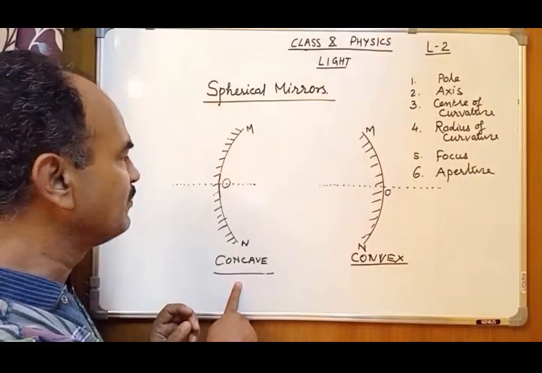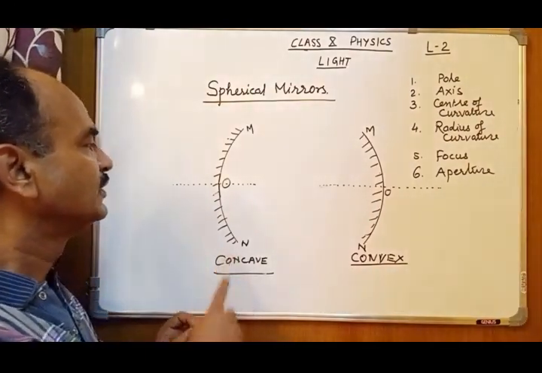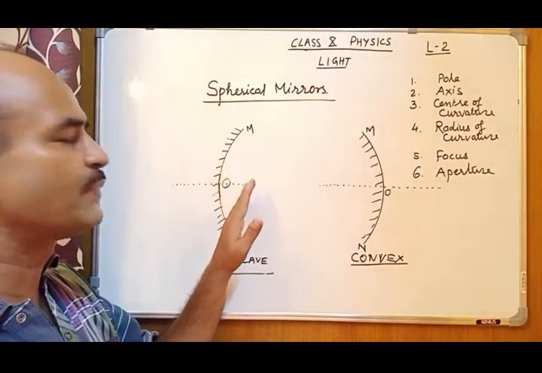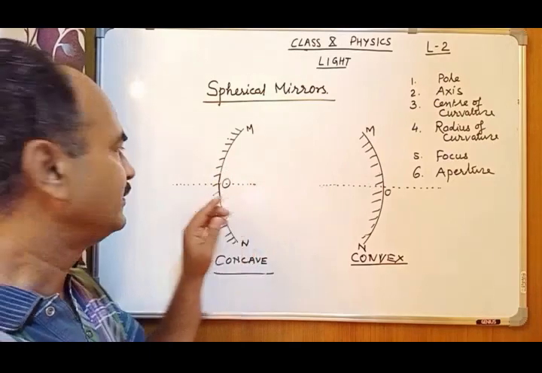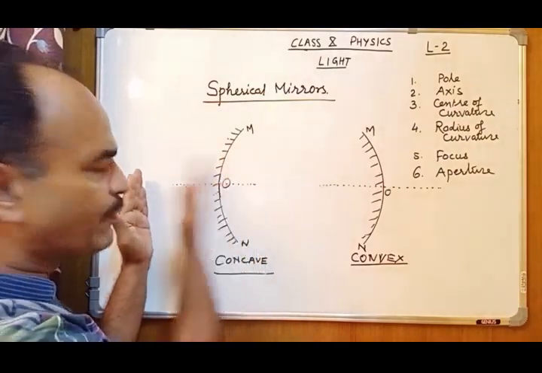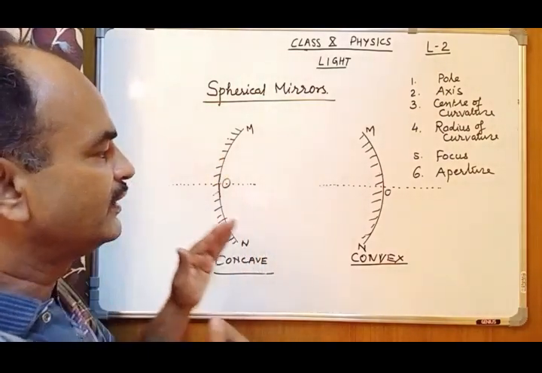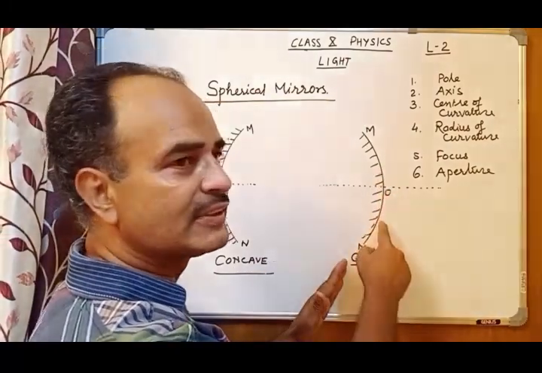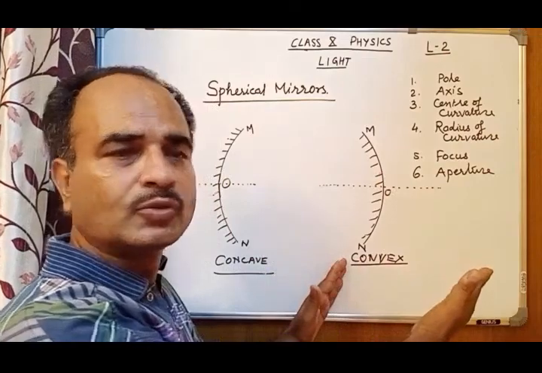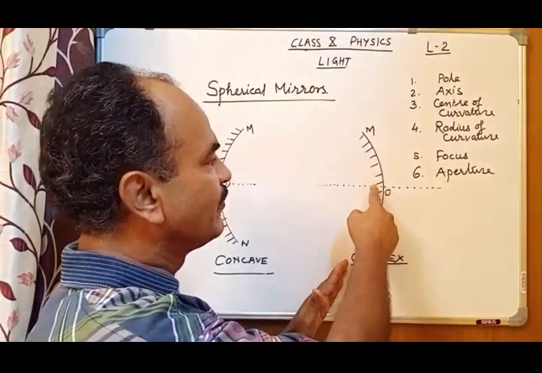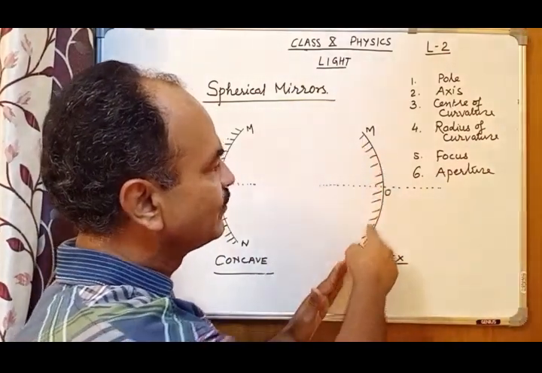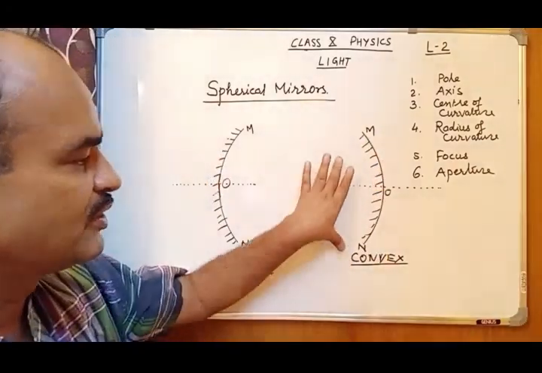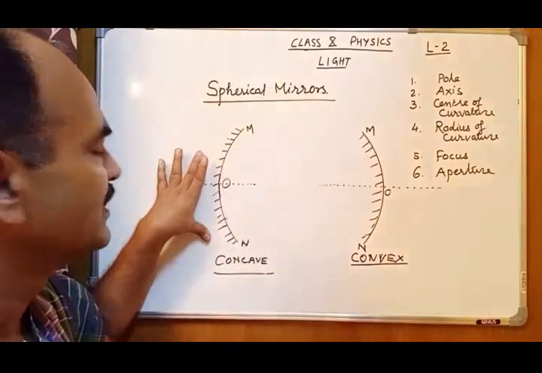In a concave mirror, the reflecting surface is depressed inward. In a convex mirror, the reflecting surface is bulged outside. So this becomes the convex mirror and this becomes the concave mirror.